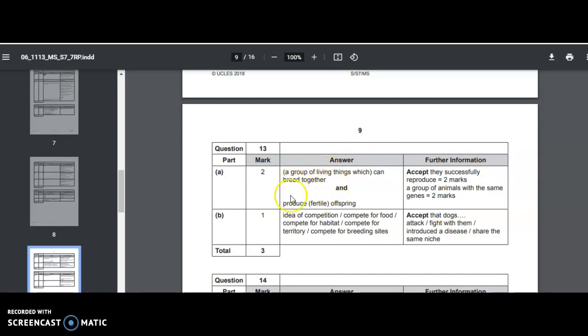But the thing that you must say for the second point is that they are fertile. So a group of organisms that can breed together and make fertile babies. You have to say those two things. It's not about characteristics and things like that. It's about breeding and can they have babies.